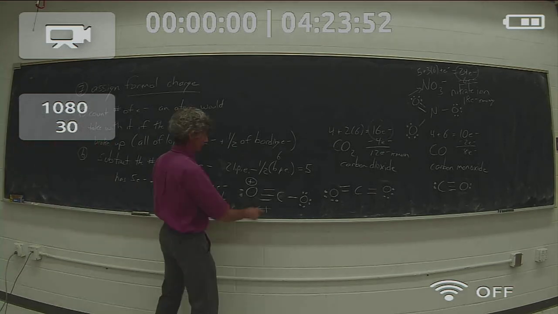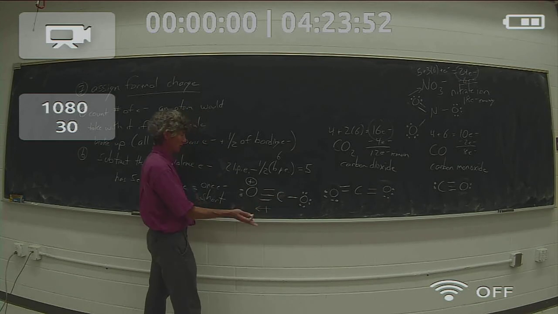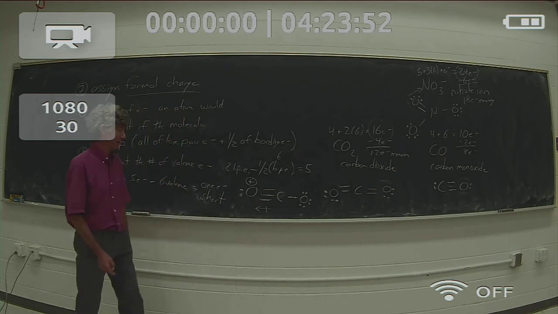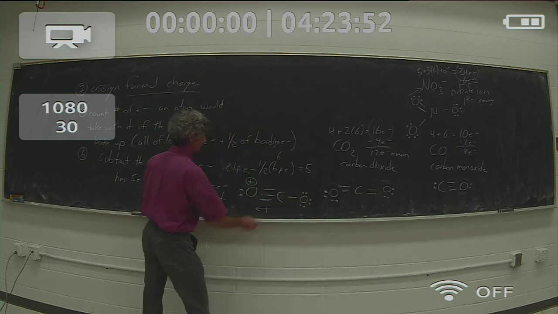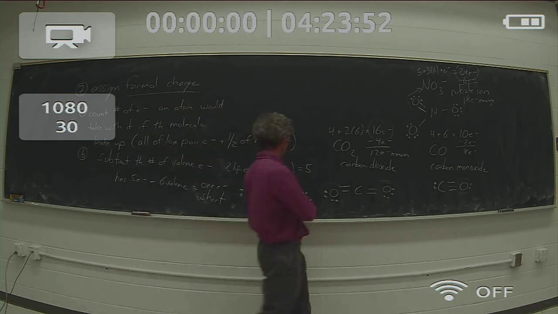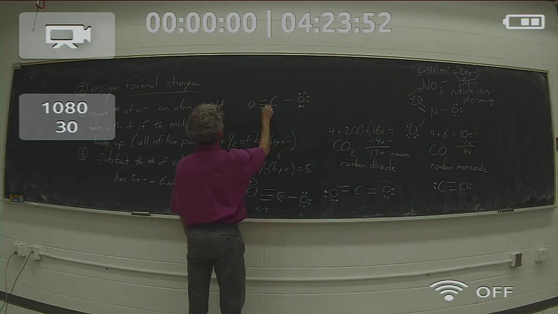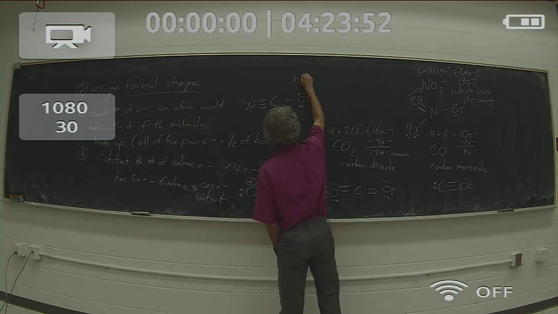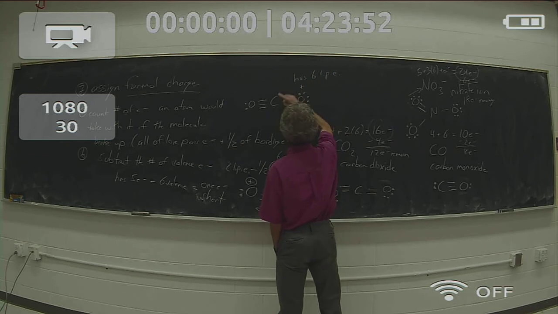Carbon's happy, right? Carbon has 4 electrons to its name, half of the 4 bonds. Valence is 4, life is good, there's no formal charge on carbon. This oxygen has, to its name, 7 electrons: 6 lone pair electrons, plus half of the 2 bonding pair electrons.